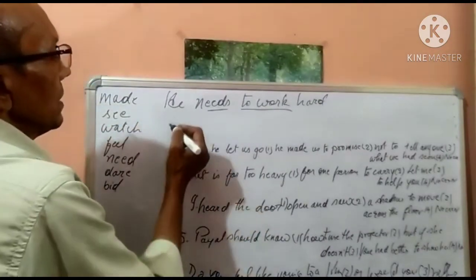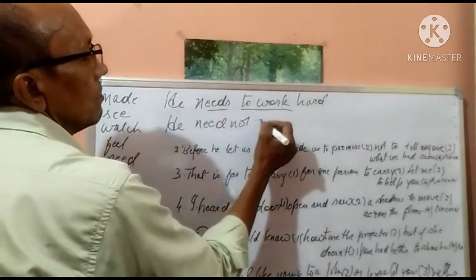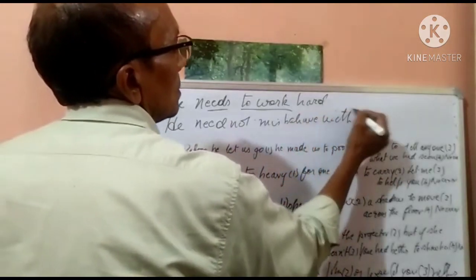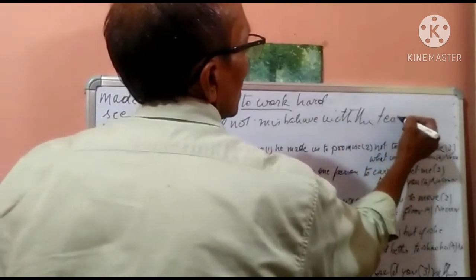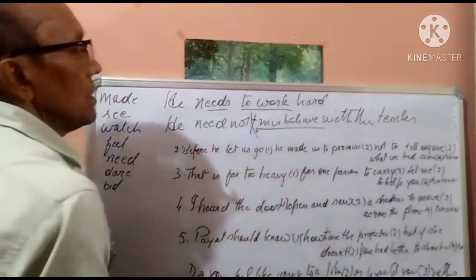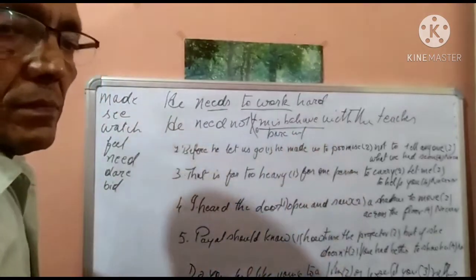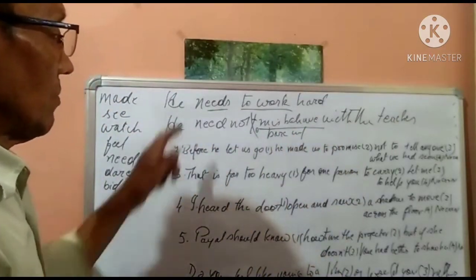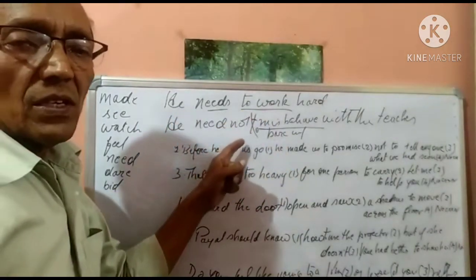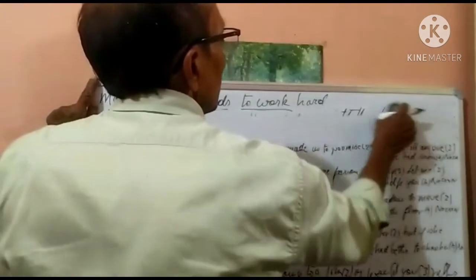But when he need not misbehave with the teacher, need not misbehave, here to is not used. This is bare infinitive. I hope I am clear. When it is a positive sentence, we use to infinitive. But when it is a negative sentence, we use bare infinitive. That's very important.